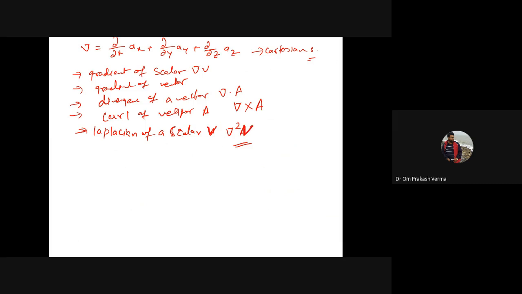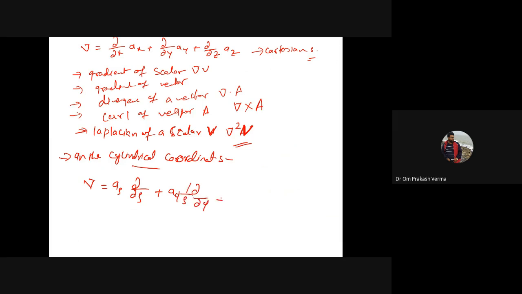Now, in the cylindrical coordinate system, how is it defined? The del operator is defined as a rho del/del rho, plus a phi (1 upon rho) del/del phi, plus az del/del z.